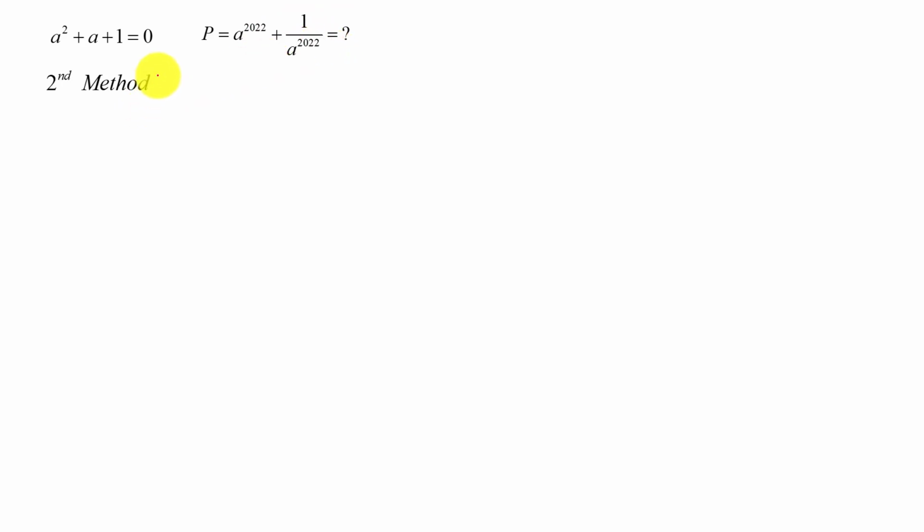So this should be derived from the equation a² + a + 1. If I replace a by 1, then 1² + 1 + 1 is not equal to 0, so a is not equal to 1.